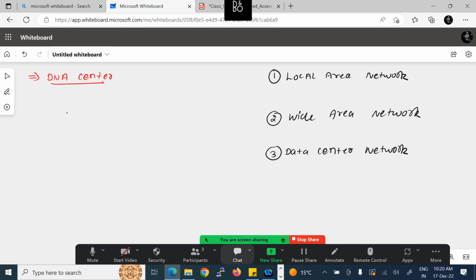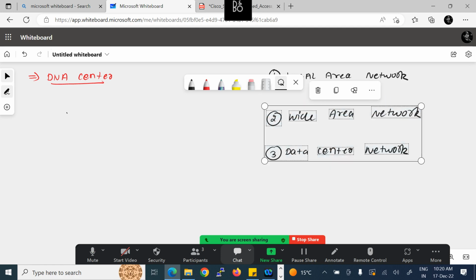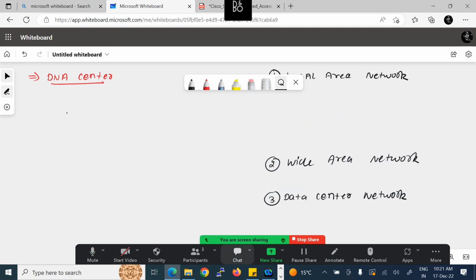If we talk about local area network, we have already discussed that, right? In local area network, we have the distribution layer, we have the access layer.